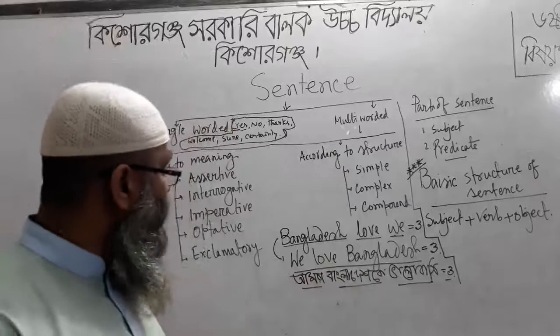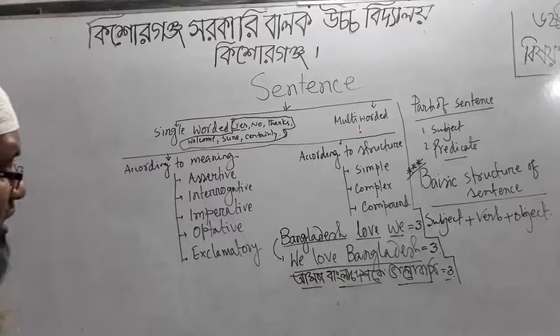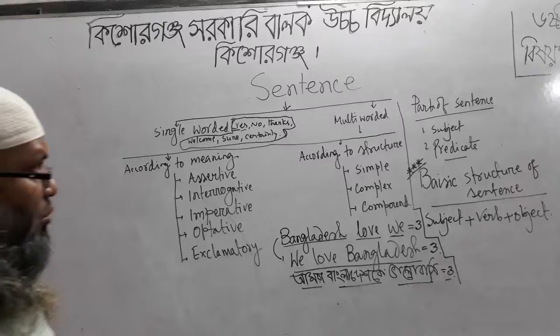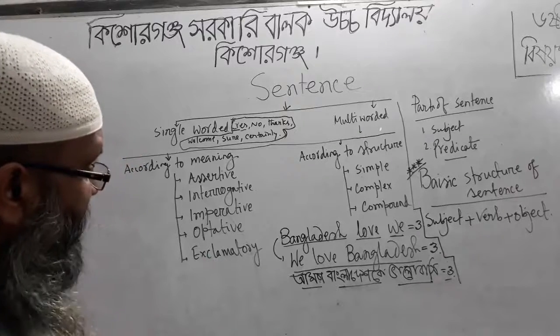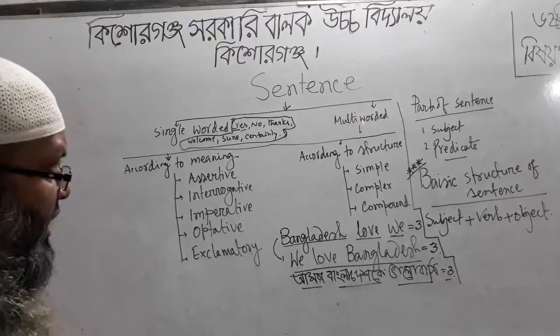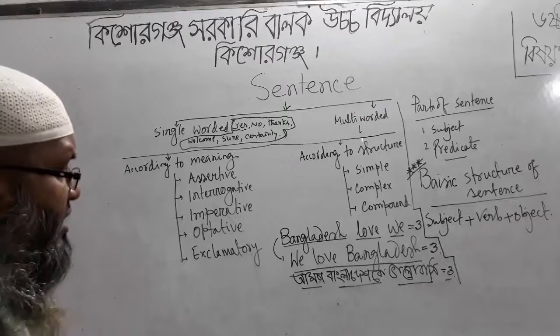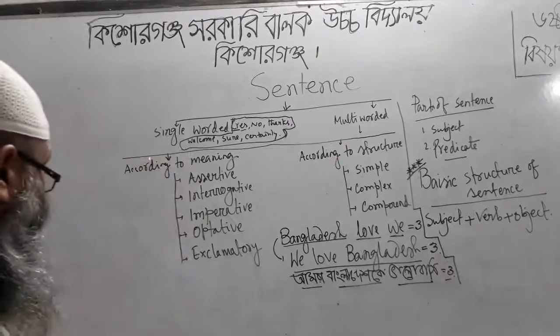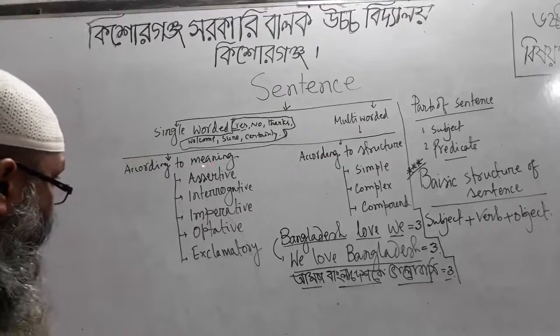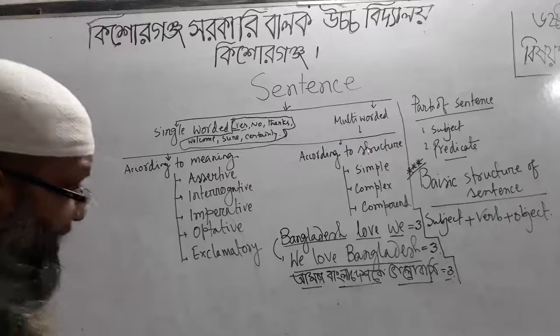Okay. Now come to the multi-worded sentence. Which one is multi-worded? When more than one or two words are used to make a sentence, it is called a multi-worded sentence. A multi-worded sentence is divided into two parts: according to meaning and according to structure.